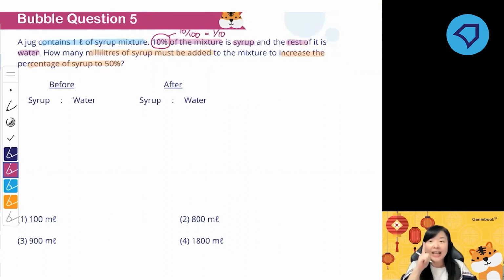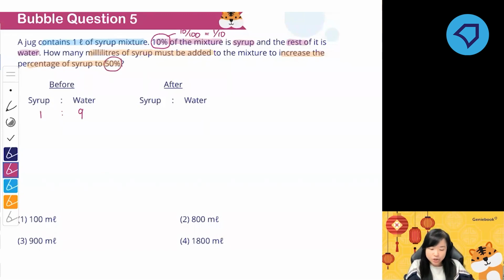So if it's 1 out of 10, the syrup will be 1 unit and the water will be, how many for the water? 9. 10 is for the total mixture. So if 1 goes to syrup, the remaining 9 must go to the water. Then now, can we do the same to 50%?